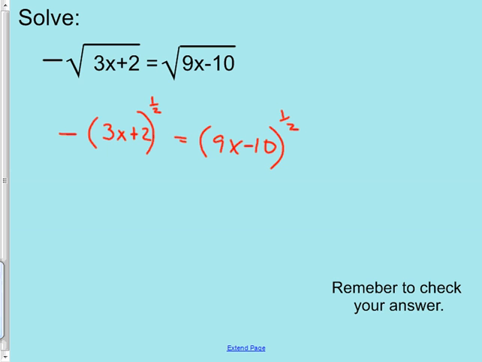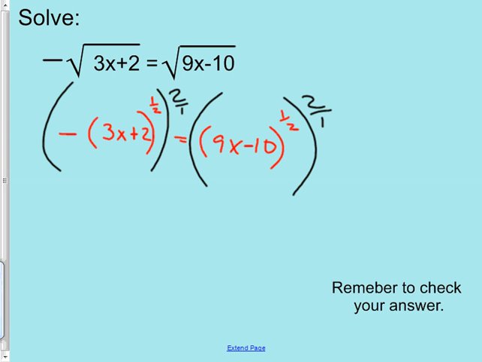Now, if I square both sides, like this. By squaring both sides, technically, it's got a 1 on the bottom, so it's an odd root, and I don't need absolute values. When you square this, this negative is going to go away.